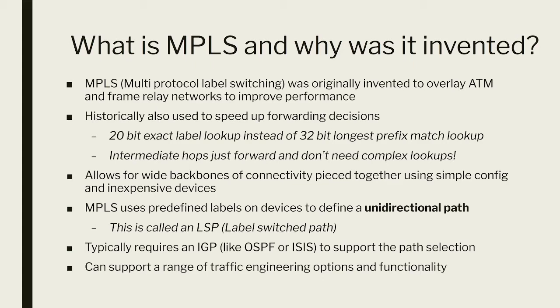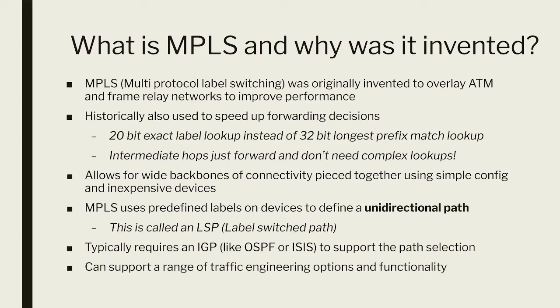So if it sees label 1, we want to punt the traffic out of interface 1 and maybe change the label to label 2, for example. And so the formation of all of those rules across the network forms what is called a label switched path. It allows you to have this MPLS LSP between point A and point B.